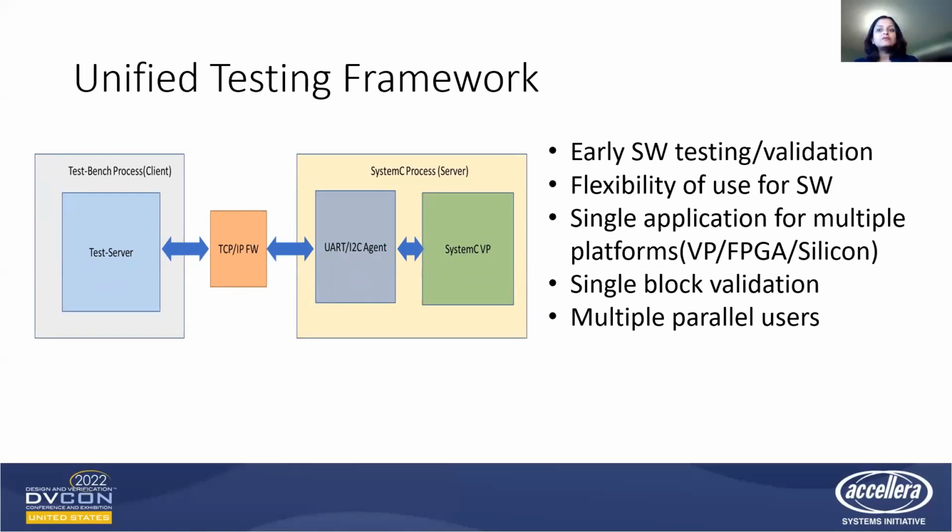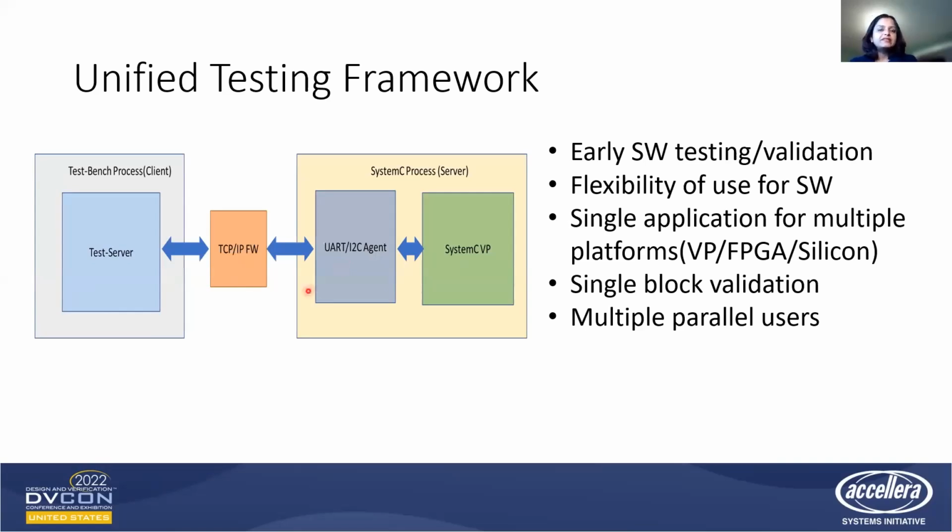This firmware was specifically written to have the testing infrastructure interact with the virtual prototype. Now, how the flow works is, the testing infrastructure or the software testing framework sends information over this TCP/IP firmware to the agent, say for example, the UART agent.